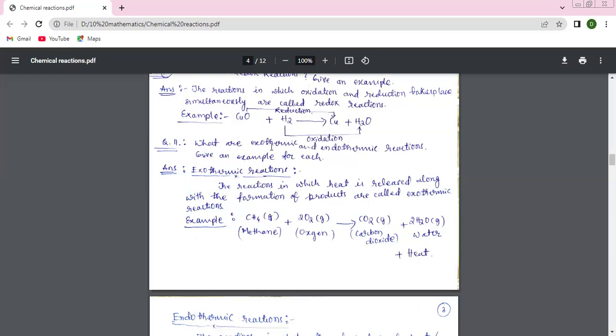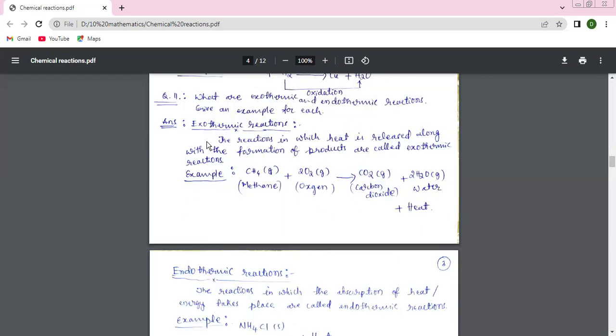Next, what are exothermic and endothermic reactions? Give an example for each. First, we'll see what is the exothermic reaction. The reactions in which heat is released along with the formation of products are called exothermic reactions. We can see here methane, CH4, in gaseous form.